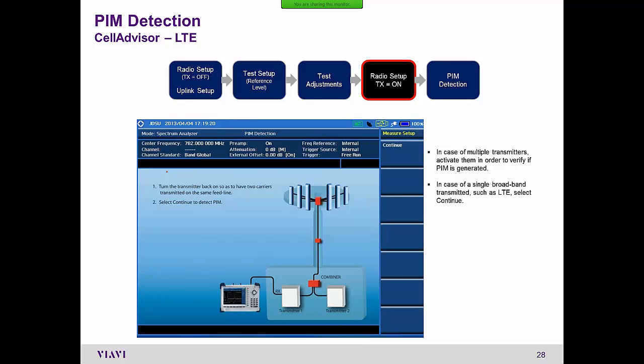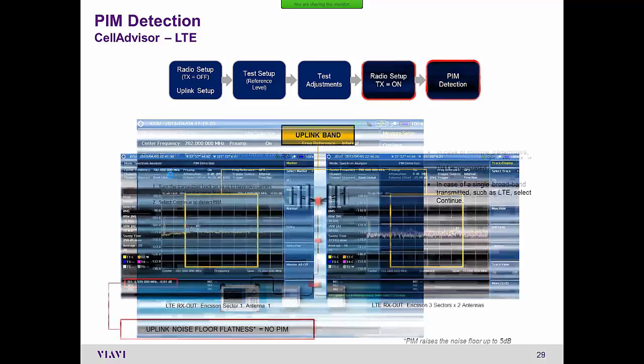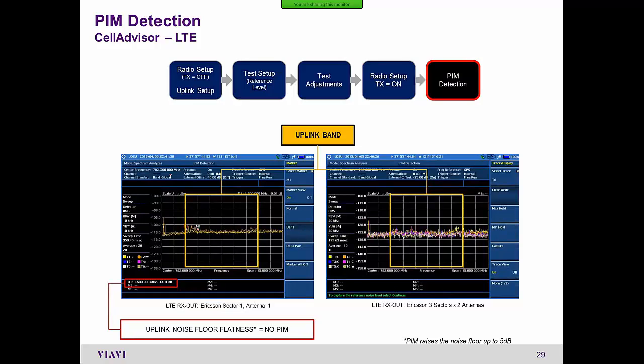Now, if you're using the PIM detection software, you can hit continue, and it'll come back up to another screen and tell you, if you're doing the multi-carrier PIM detection, to turn up the other carriers. So if you're doing this on CDMA and you turned down a couple of carriers, now you're going to turn them up.